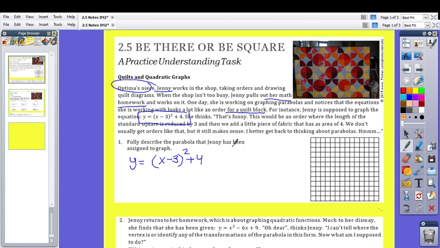Earlier we said that y equals a times (x - h) squared plus k is the vertex form, where h and k is the vertex and a is the stretch factor.